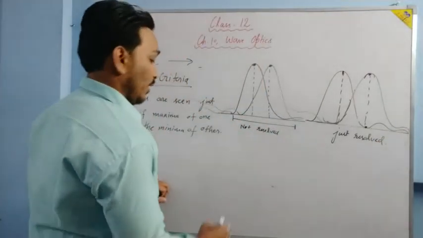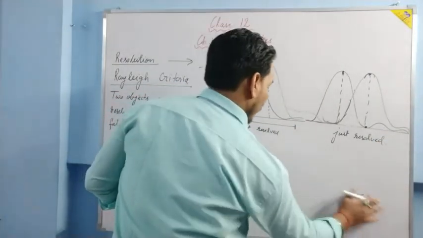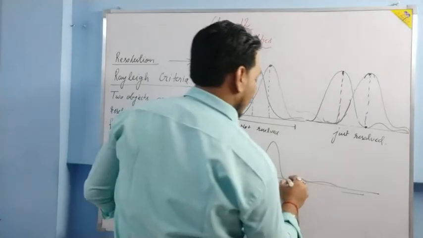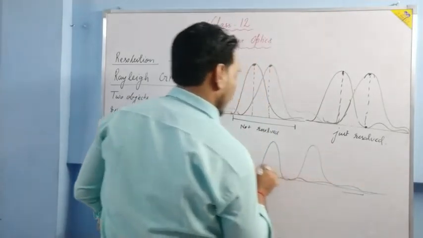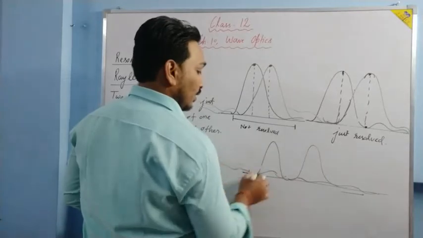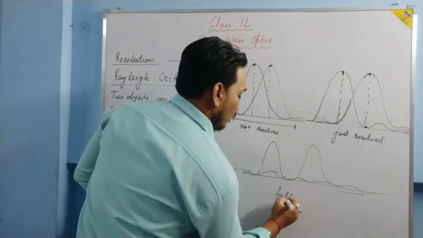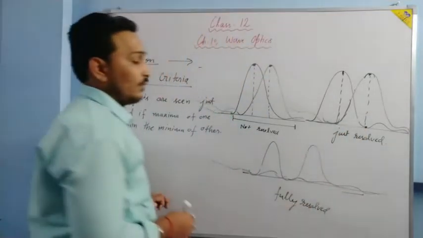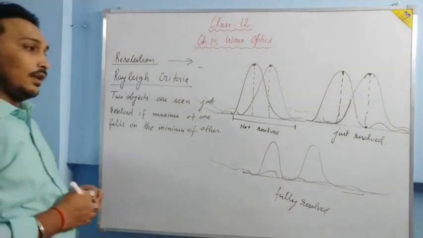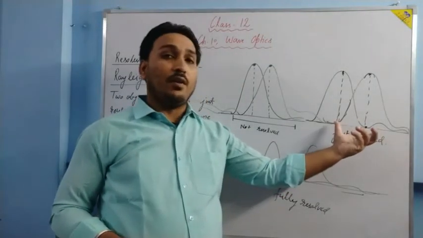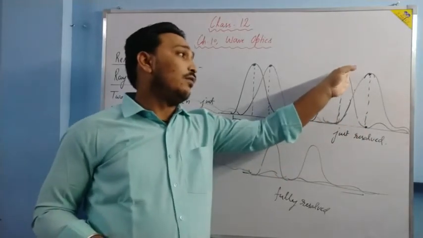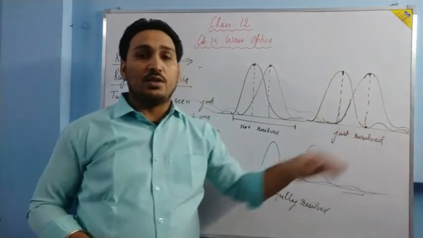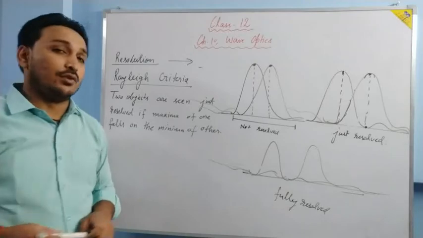And when these are far apart, like for one object the maximum is like this, for another object the maximum is like this, then these are fully resolved. So what Rayleigh says is that things are seen just resolved when the maxima of one falls on the minima of the other. So this is what the Rayleigh criterion is about resolution.